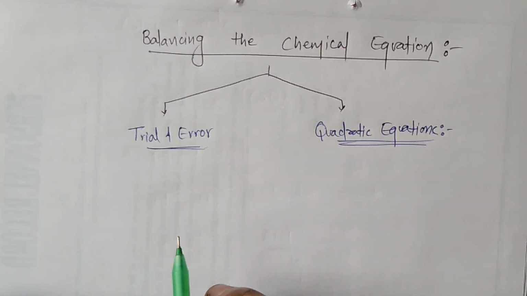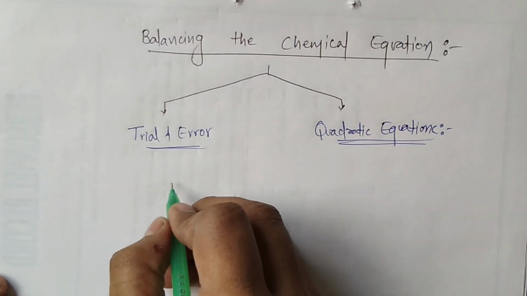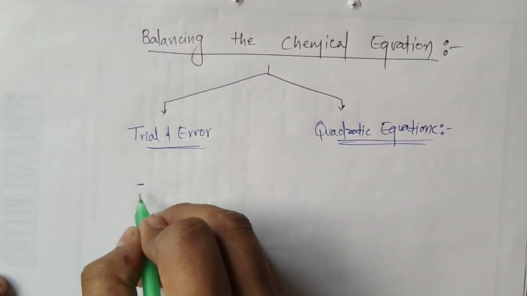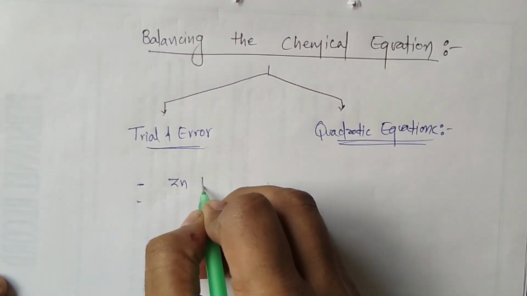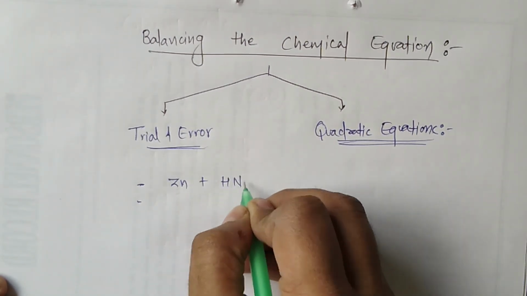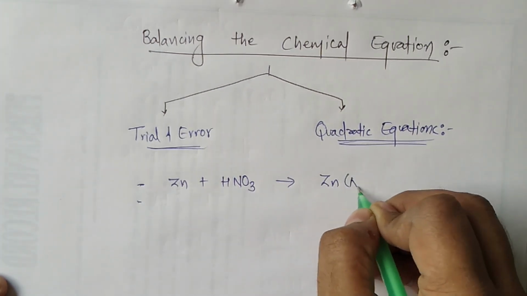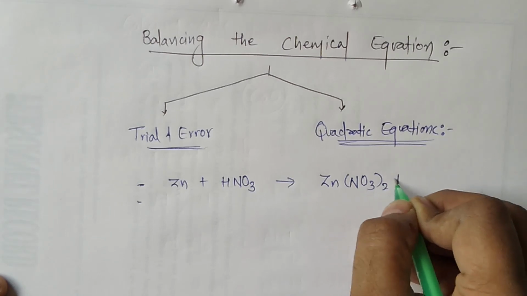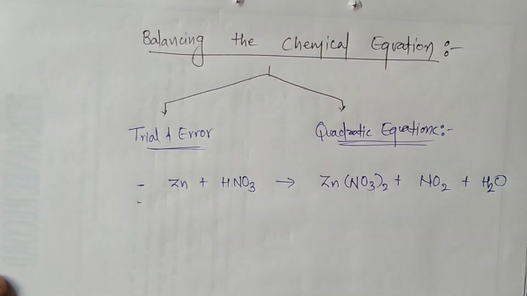Fine. So first we'll take one equation. Say for example, we'll balance today first equation: Zn plus HNO3, basically it is concentrated HNO3, gives Zn(NO3)2 plus NO2 plus H2O.